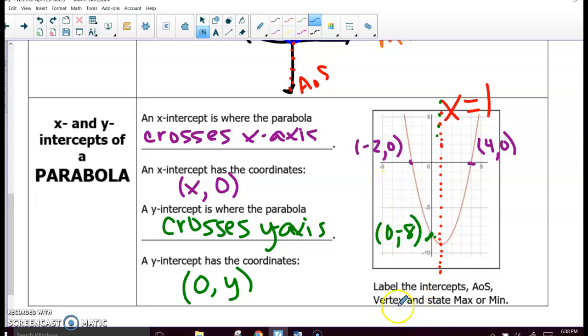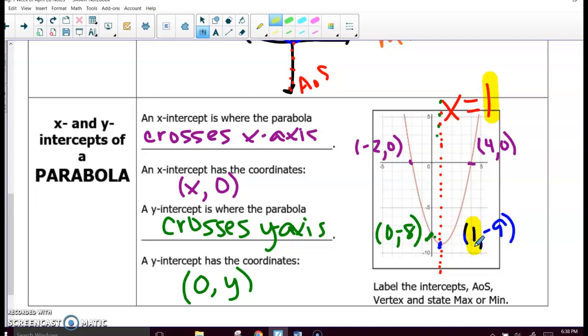Last but not least, let's label our vertex. Our vertex goes right through our axis of symmetry. The coordinates of my vertex are 1, -9. By chance, do you notice something about our axis of symmetry and our vertex?